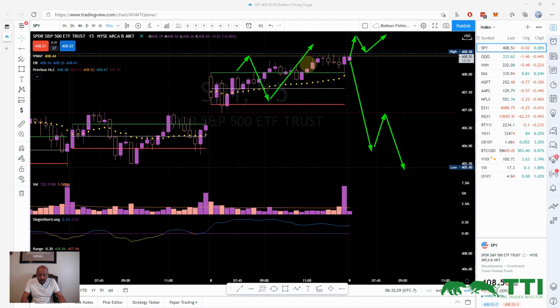For call options, I want VWAP above the midline. For put options, I want the VWAP below this midline. And of course, price has to be aligned with that VWAP. Price has to be above VWAP, VWAP above midline for my calls; price below VWAP, VWAP below mid range for my put options.